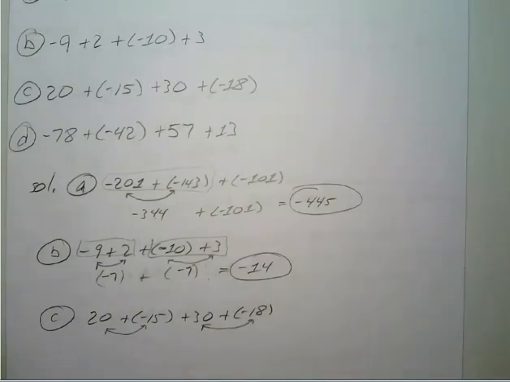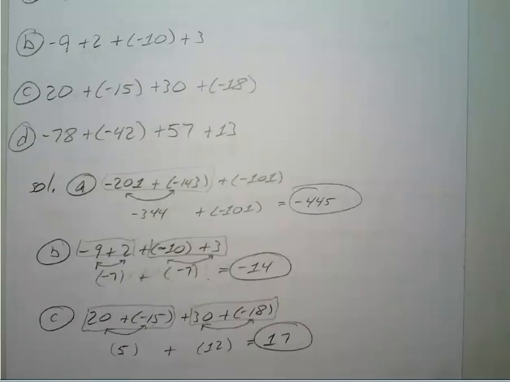Okay, so 20 plus negative 15 is positive 5. Okay. Plus 30 plus negative 18 is positive 12. Okay. So positive 5 plus positive 12 is equal to positive 17.